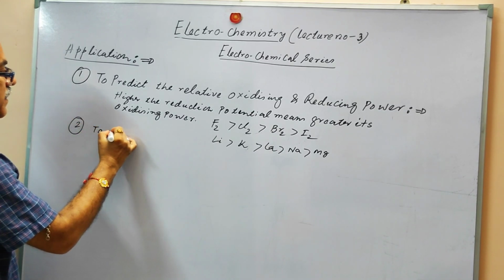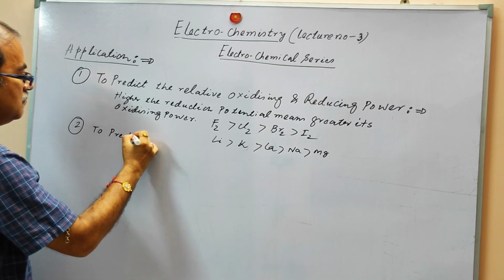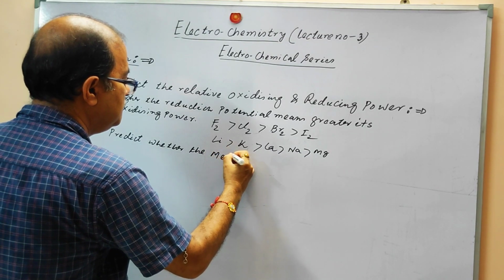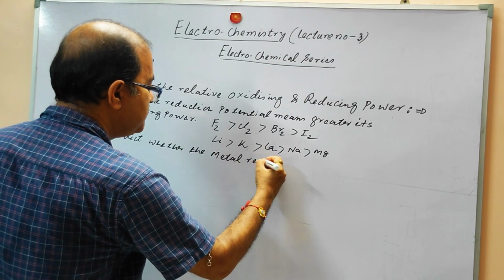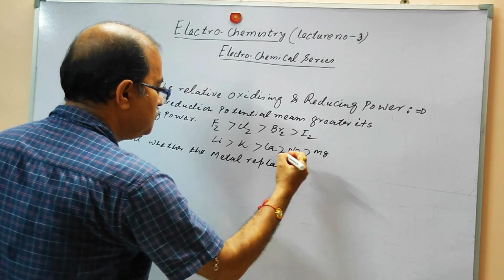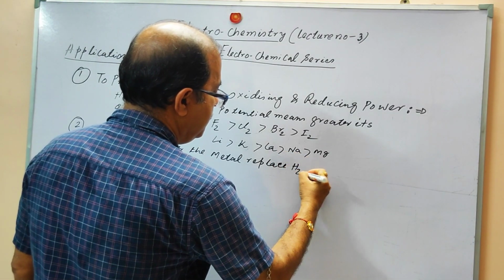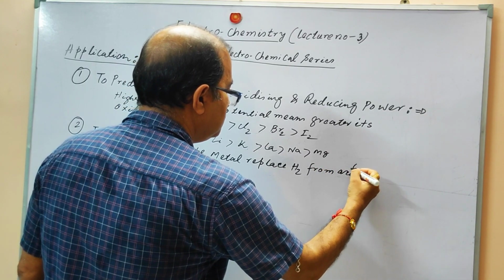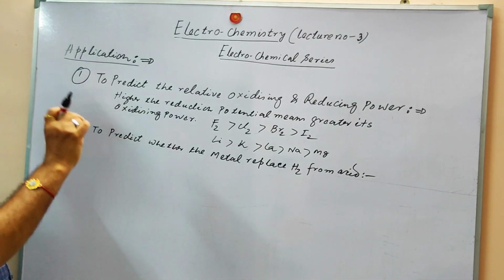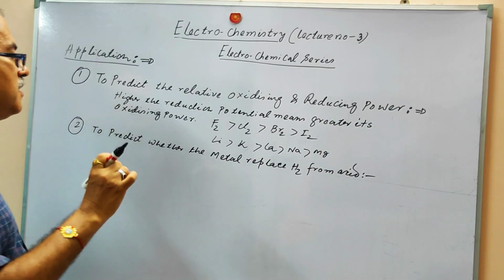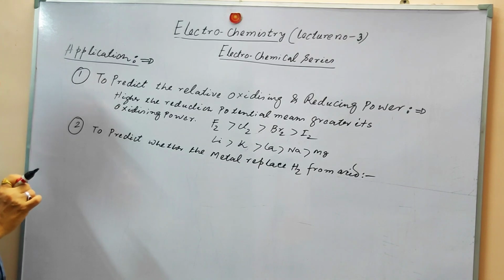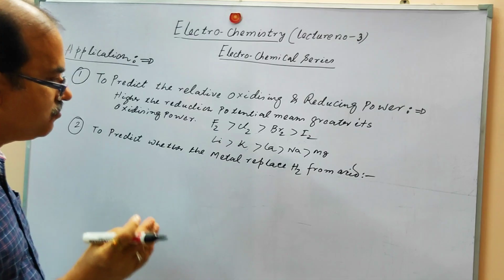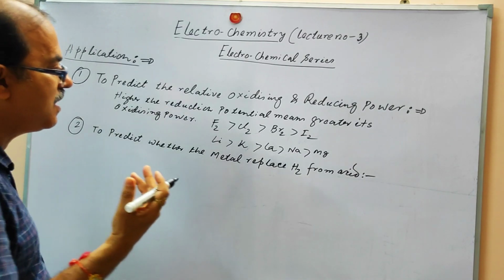The second thing we can predict is whether a metal replaces hydrogen gas from acid. This is again a very important thing that we can understand from this electrochemical series. We can tell whether the metal reacts with the acid or not, and in that reaction whether it is going to replace hydrogen gas.